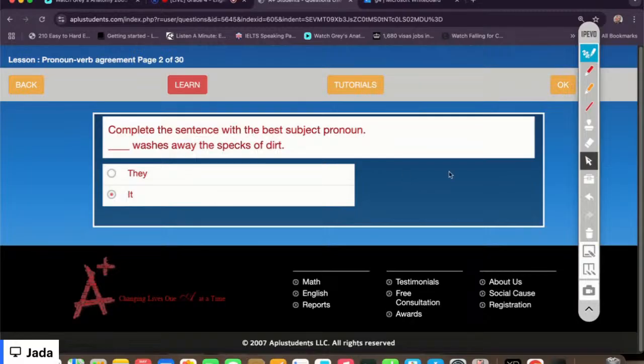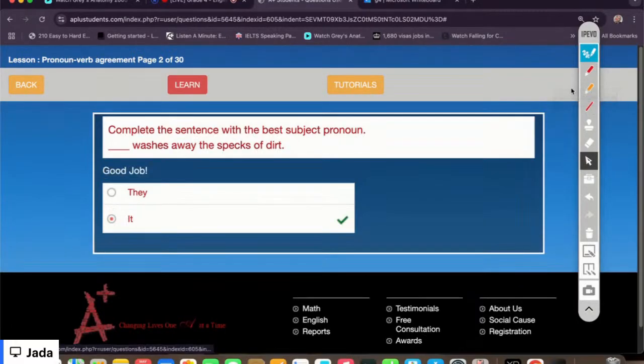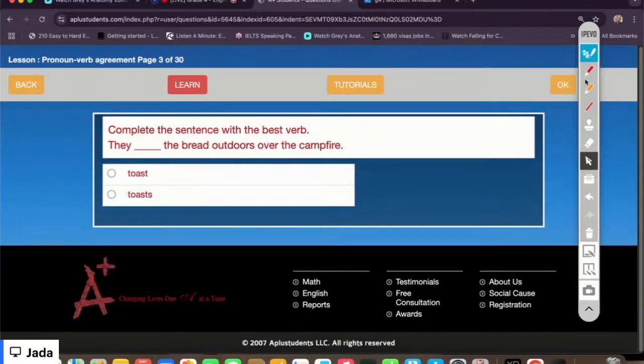All right, so it washes. So because the verb is ending with es, then we basically know that it is a singular verb. So they dash the bread outdoors over the campfire.